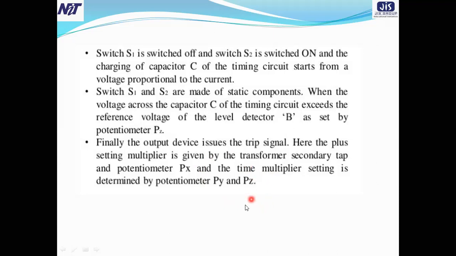So the PSM is given by the transformer secondary tap and potentiometer PX, and the time setting multiplier is determined by the potentiometers PY and PZ.